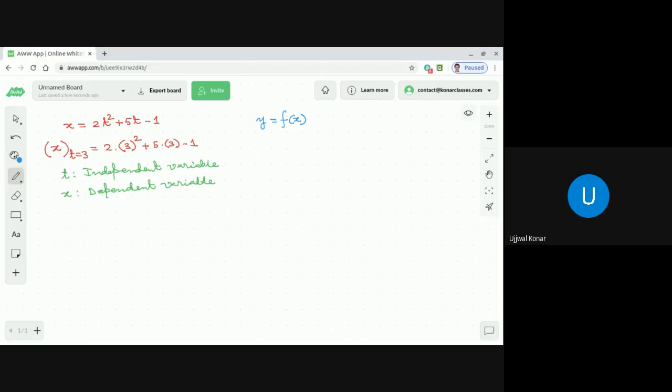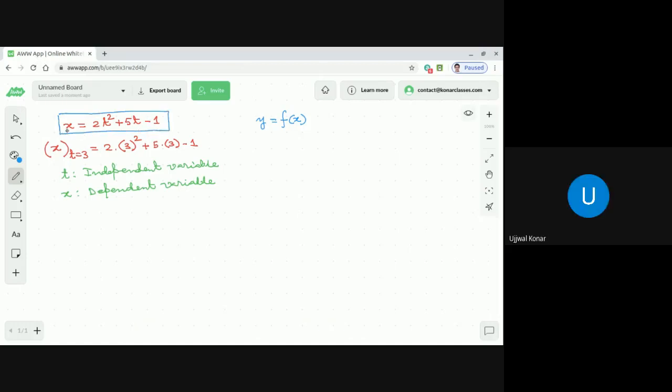We'll discuss all these things later in mathematics class, when you study relations and functions. For a particular value of x, you cannot get multiple values of y. Think about this equation, x equal to 2t square plus 5t minus 1.